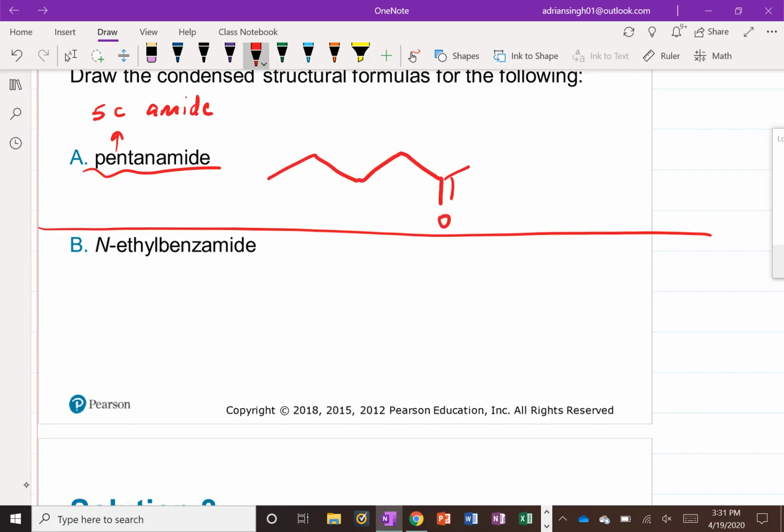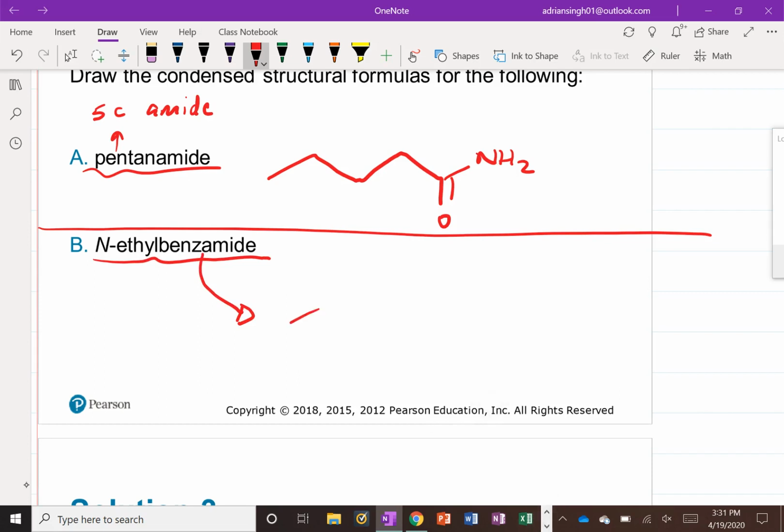C double bond O to N. That makes it the amide bond. We don't have anything else attached to that nitrogen because there isn't any N-ethyl or propyl or methyl or anything. So then this is just going to have the remaining bonds to H's to complete the fact that nitrogen needs to have 3 bonds.